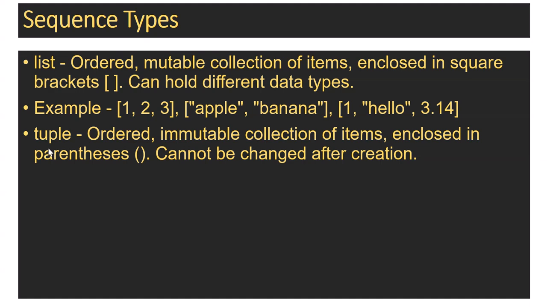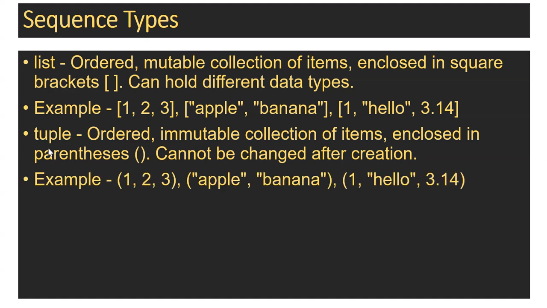Good. An example of tuple is the same example as we have for list, but now enclosed in parentheses. This is a tuple which has the values 1, 2, 3, separated by commas. Then we have another tuple here which has apple and banana as its elements, and it can also have different data types.